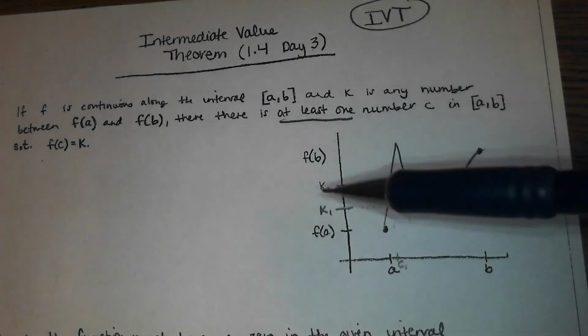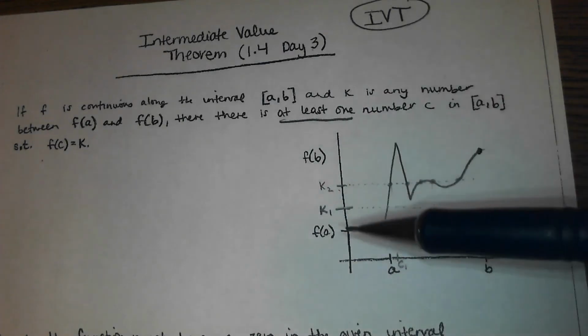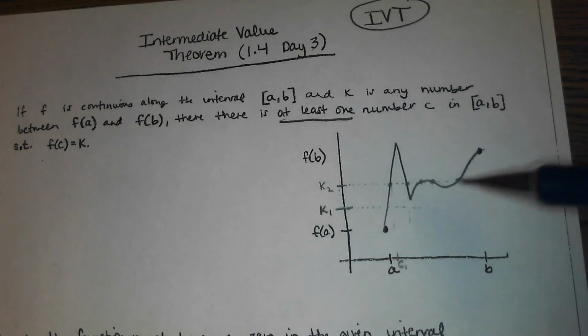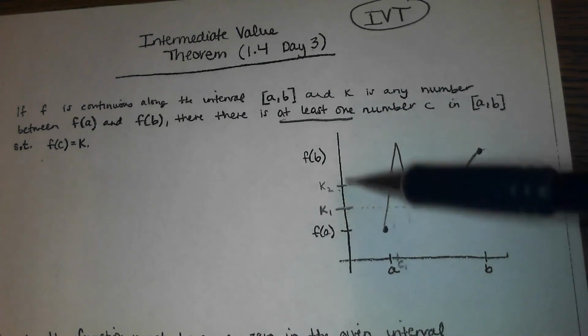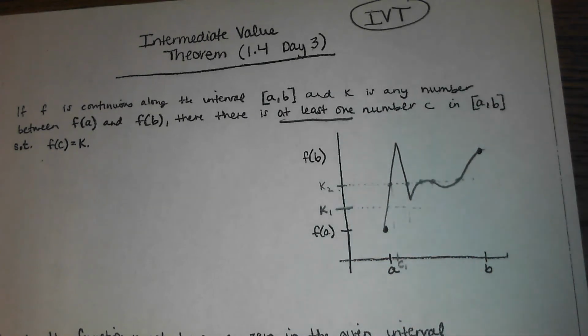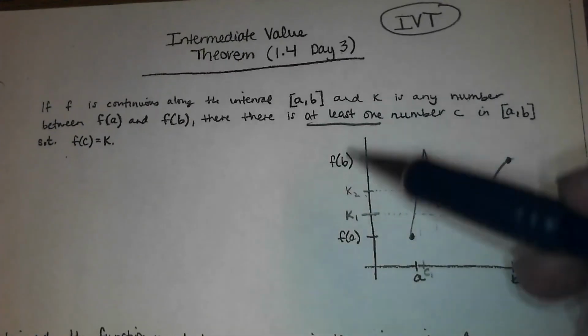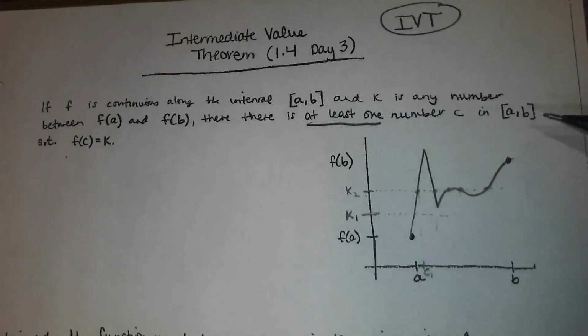So pretty much, plain man's terms, all it's saying is if you have a continuous function from A to B, every y value in between has to get hit along the way. That's it. Somewhere. Has to get hit at least once, if not multiple times. And you should be able to wrap your head around how a discontinuity would make this intermediate value theorem null and void.